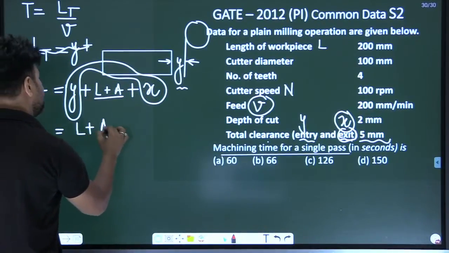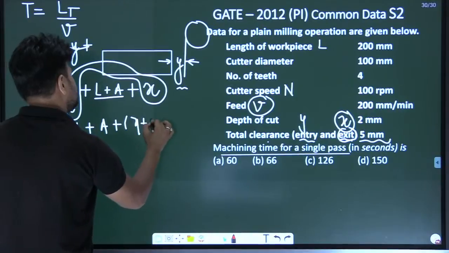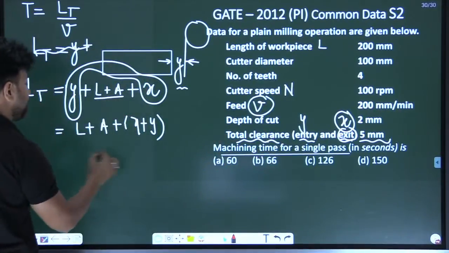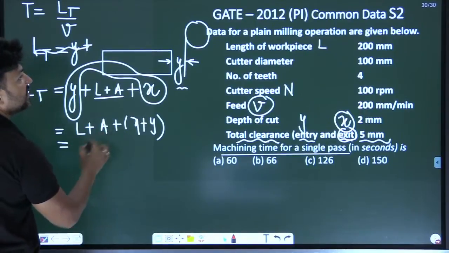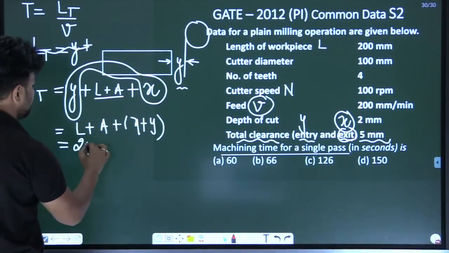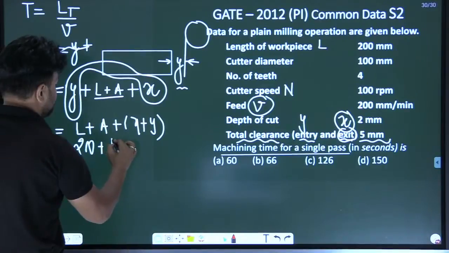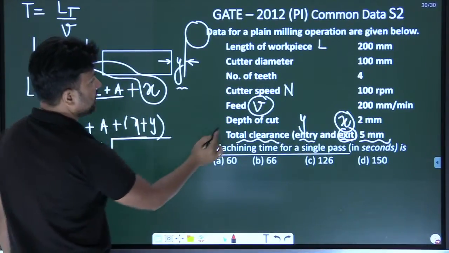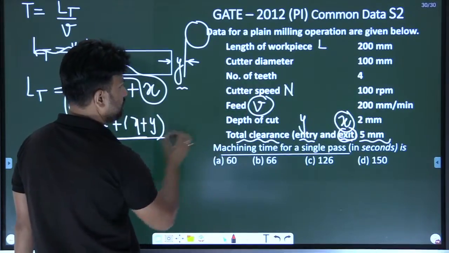The total length is L plus A plus X plus Y. X plus Y equals 5, and L, the length of the workpiece, is 200. Plus A, root of d times D minus d, where the depth of cut is 2.